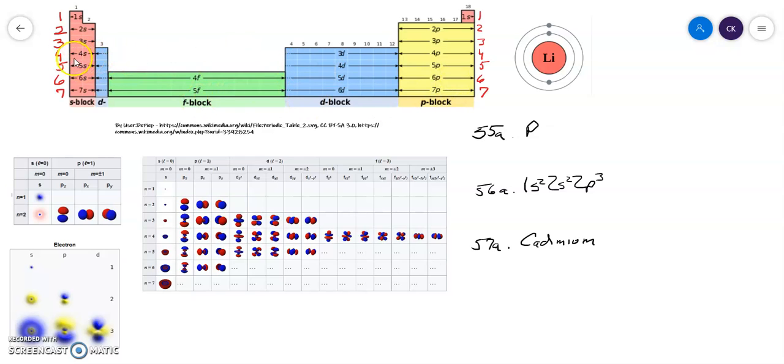Now notice, if you're looking in the 4th row of the table, you go 4s, but then you go 3d, then 4p. If you're in the 5th row of the table, you go 5s, 4d, 5p. So notice that if you look at the rows, the s's and the p's that you're putting the electrons in are the same as the row you are in. The D's, that transition area in the middle of the table, are always 1 less than the row.